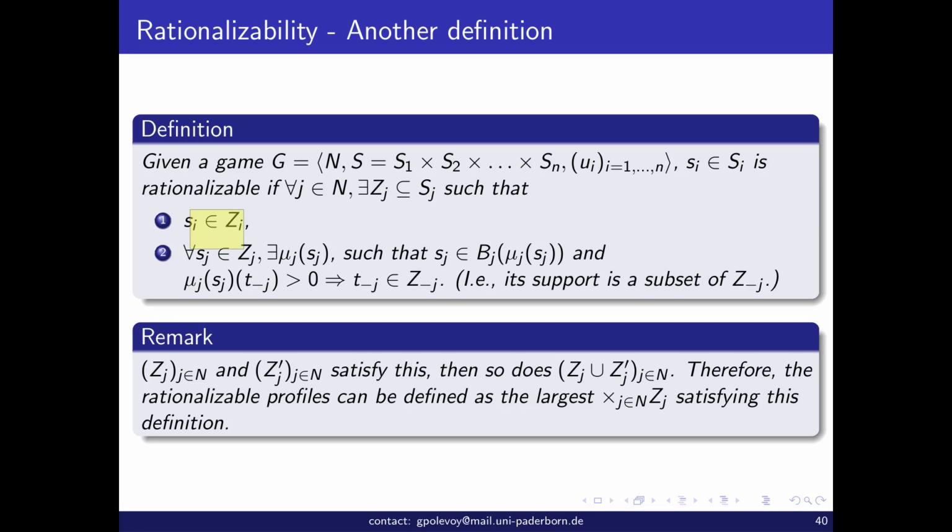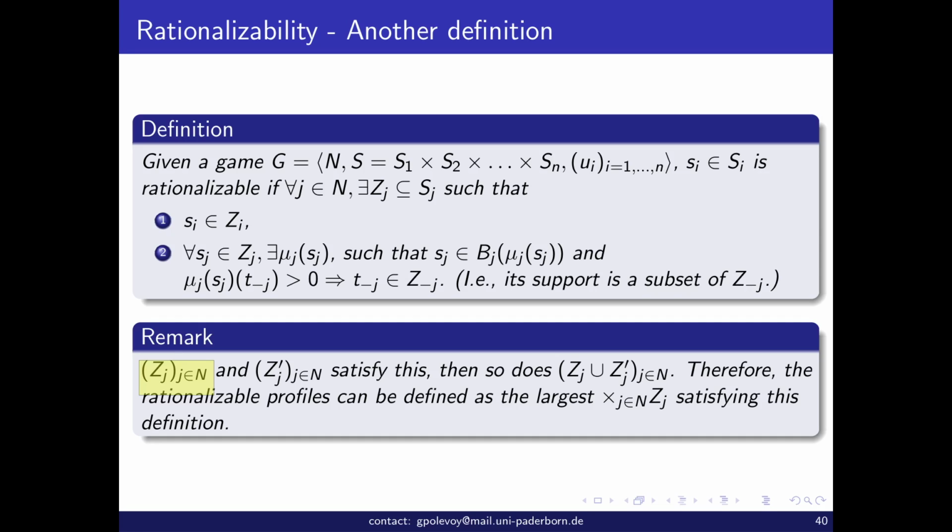And if we have one such n-tuple of Zj's for every player, and some other n-tuple of Z prime j's that satisfy the definition, then it's of course true that the n-tuple which is formed by uniting Zj with Z prime j for any player also satisfies the definition. Because in order to justify anything in this new set, we look at where the Sj which we've taken is.